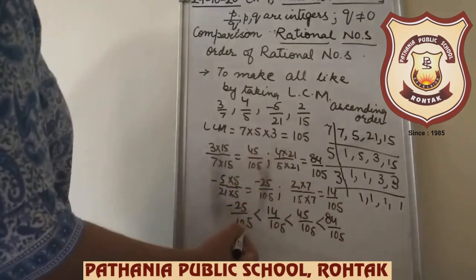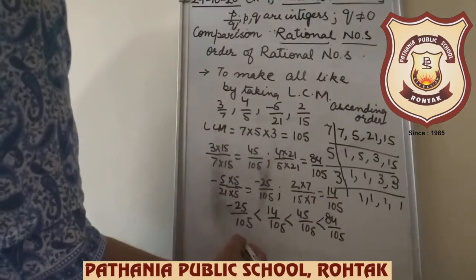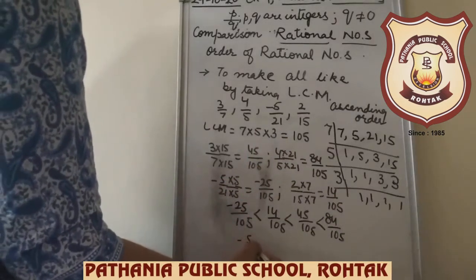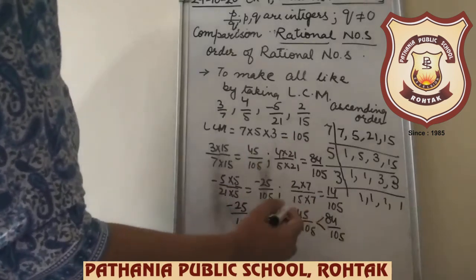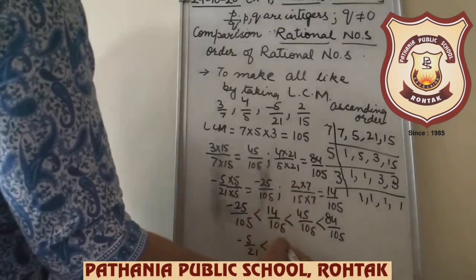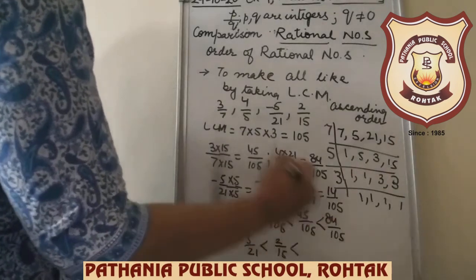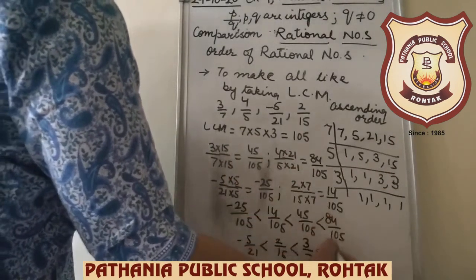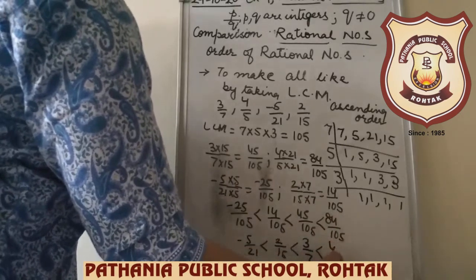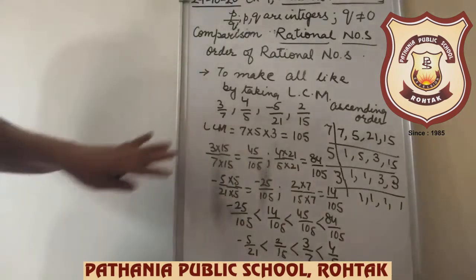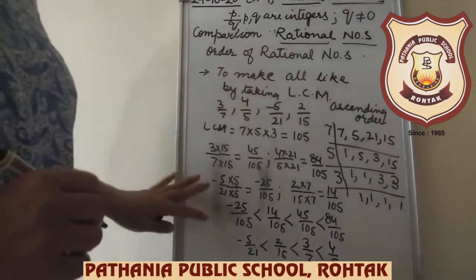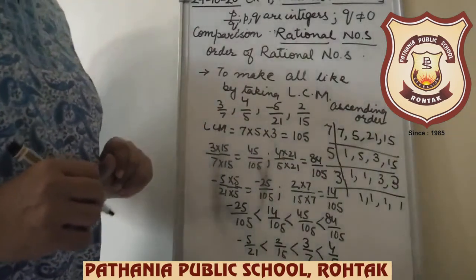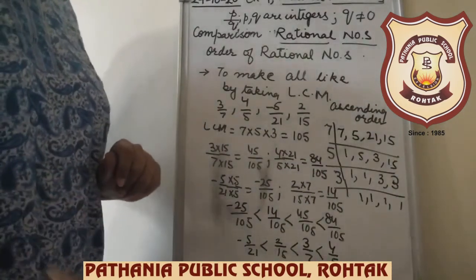Now what are their respective equivalent values? Minus 5 upon 21, then 2 upon 15, then 3 upon 7, and then 4 upon 5. So in this manner you are going to order the given rational numbers.